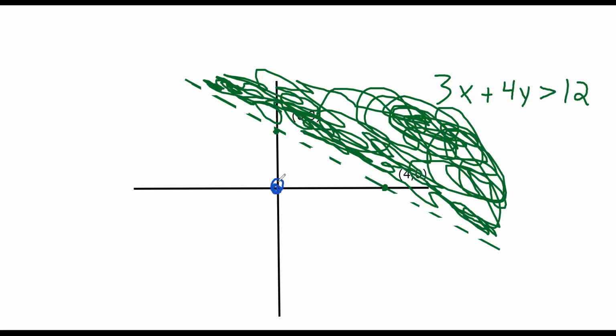So look, here's the point 0, 0. Is this point in the shaded region? Absolutely not. So we're going to check if 0, 0 is a solution. That means I literally have to plug x equals 0 in for x, y equals 0 in for y.